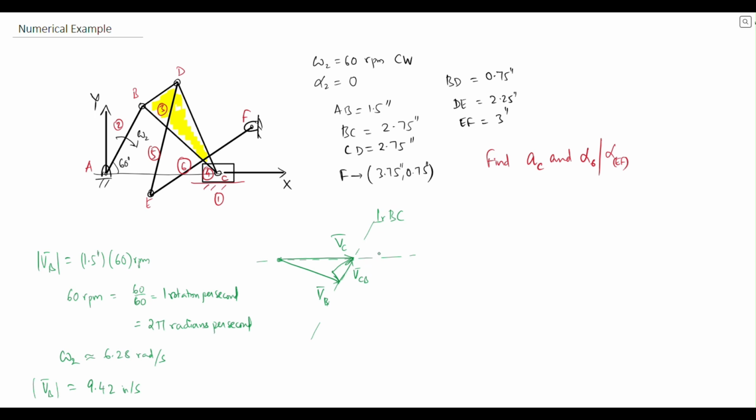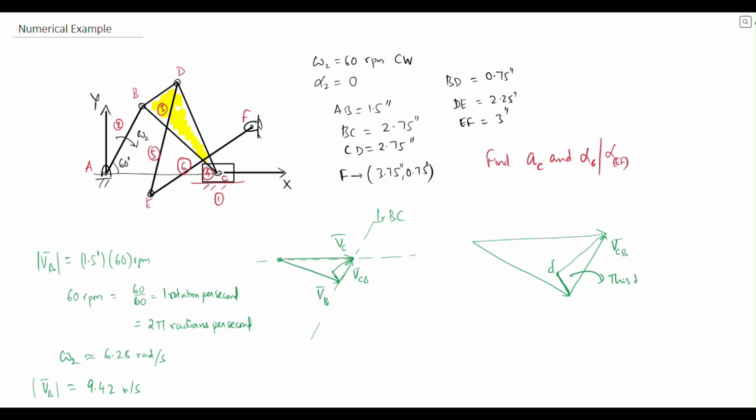Let me zoom this in slightly just to explain what I'm saying. So this is velocity of C with respect to B. You can identify a point here such that this triangle, you can look at this point D.